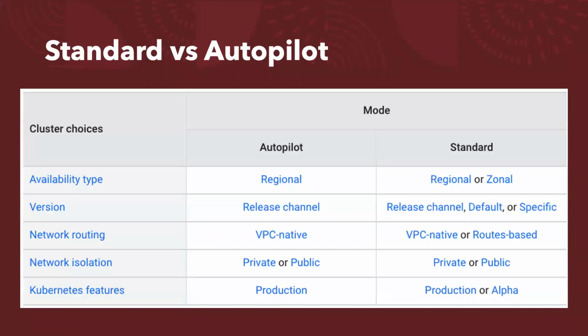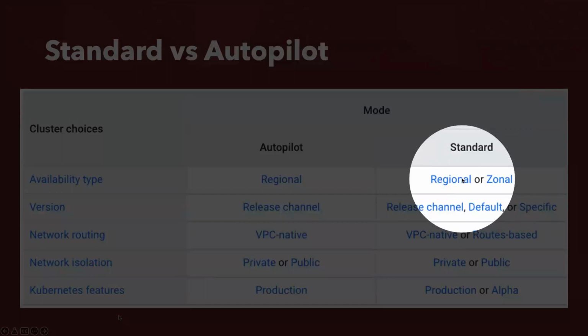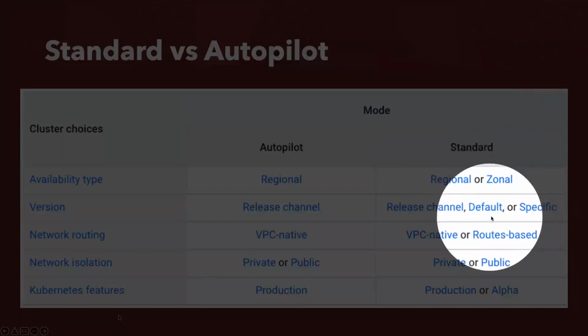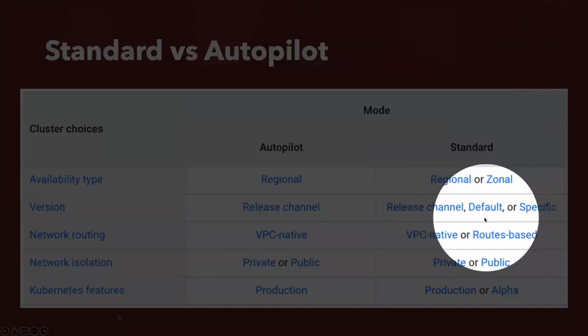Here is a comparison table. I read it this way. Do you need to create a zonal cluster? If you want to create a zonal cluster, I will talk about the difference between regional and zonal shortly. If you need a zonal cluster, you go with standard. If you need a specific Kubernetes version, go with standard.